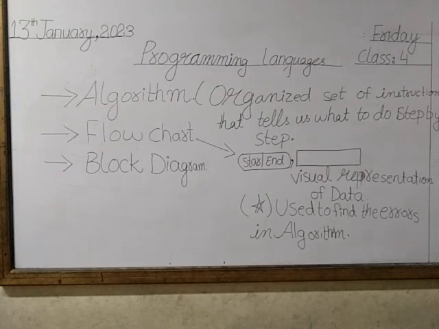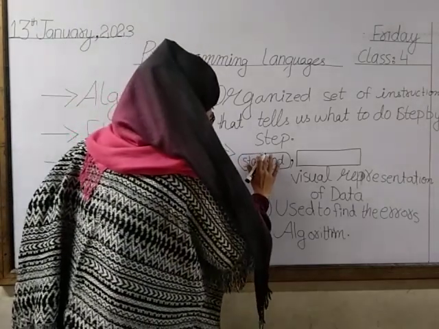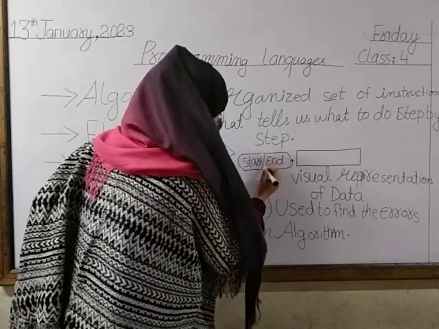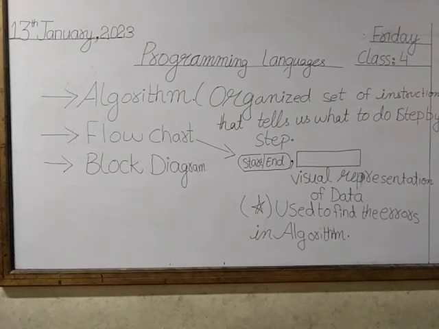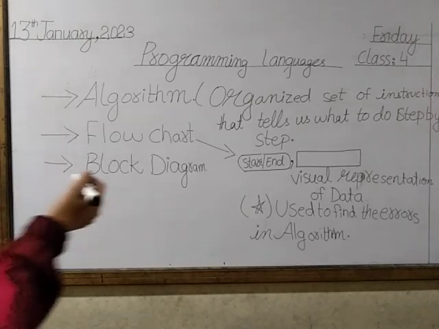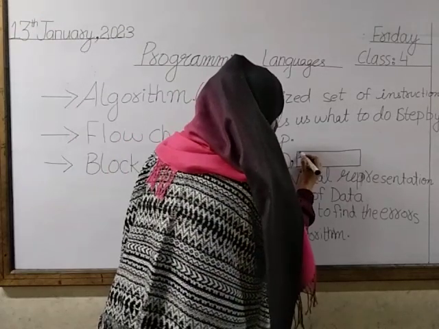We use two types of diagrams in flowchart. First is oval shape, which is used to start or end the program. And rectangle shape is used to take the input from user, to print the data, or for processing. If we want to take the input from user, we use the rectangle shape.